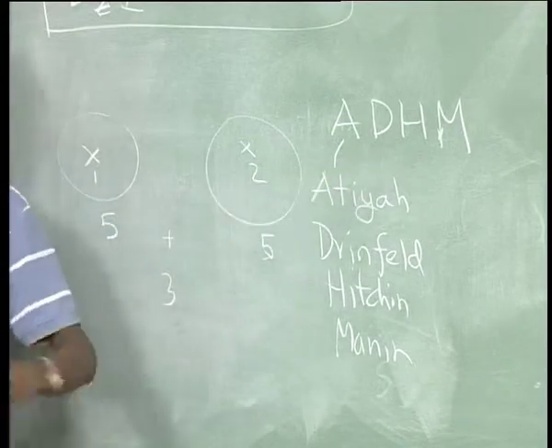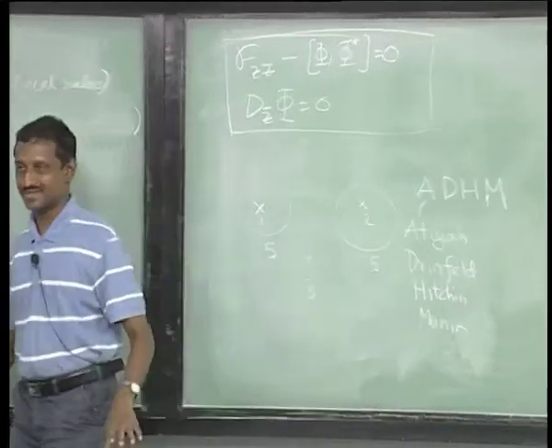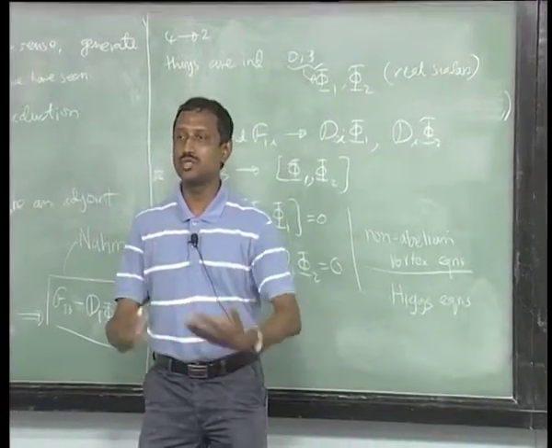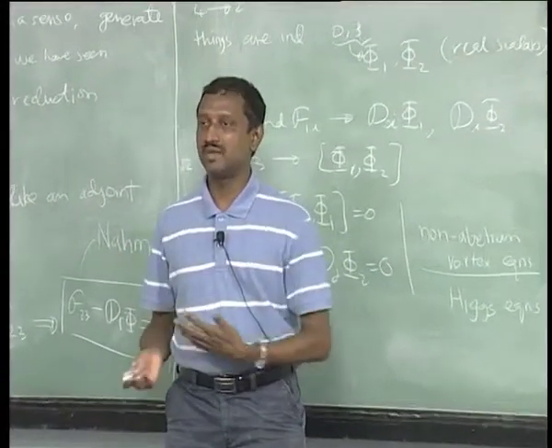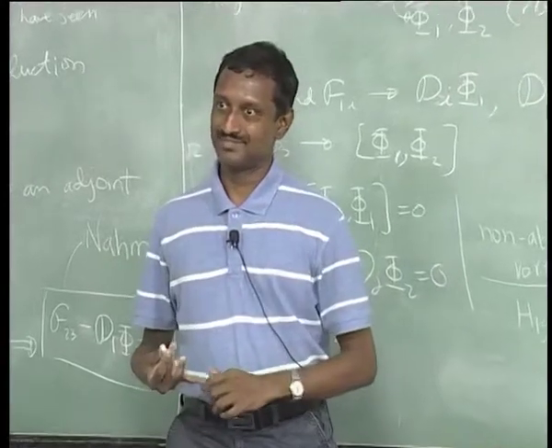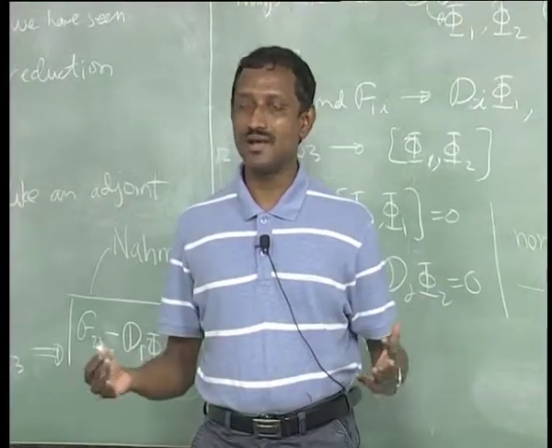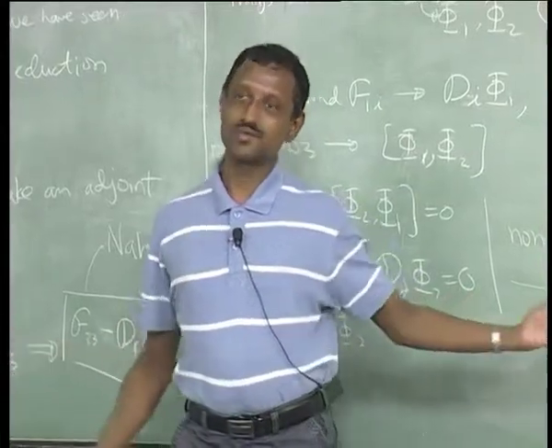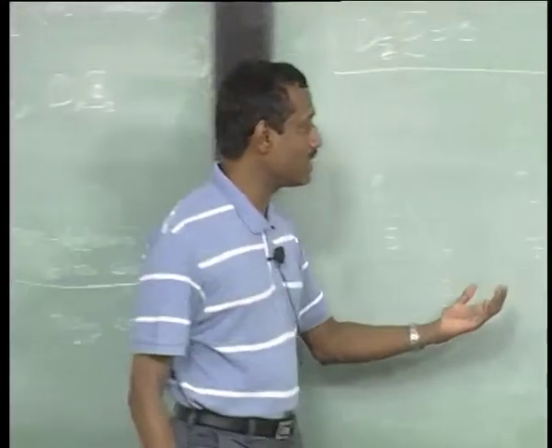They gave this miraculous construction which had all the parameters, and their solution will work for any non-abelian group. It is not just SU2. Okay, so it is really amazing. In I think 2 pages or 1.5 pages of Physics Letters B, this was completed.